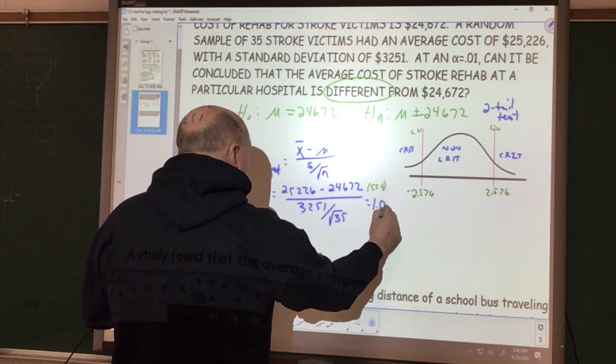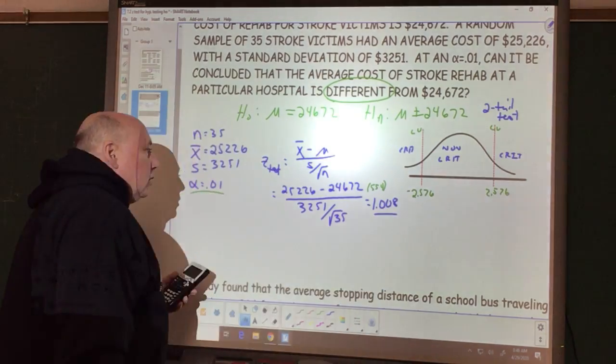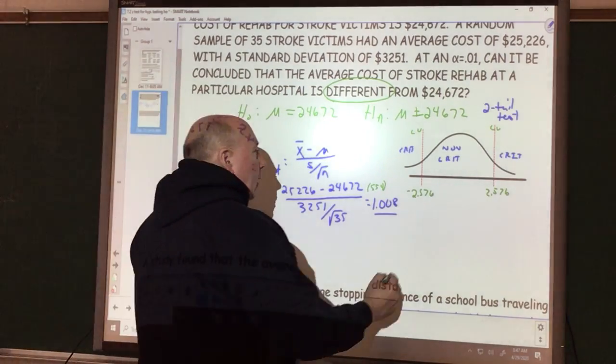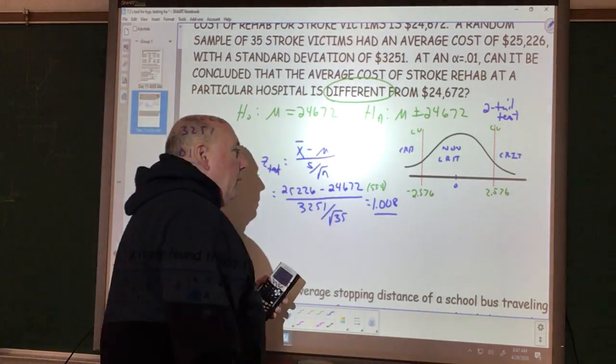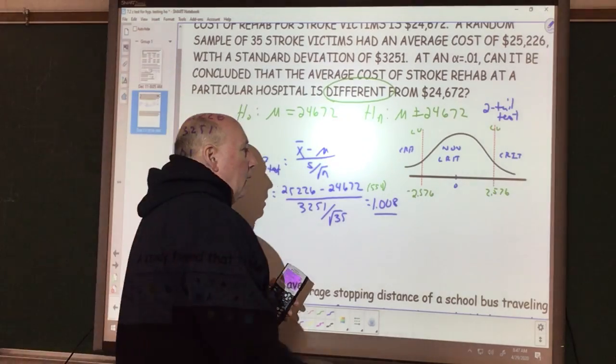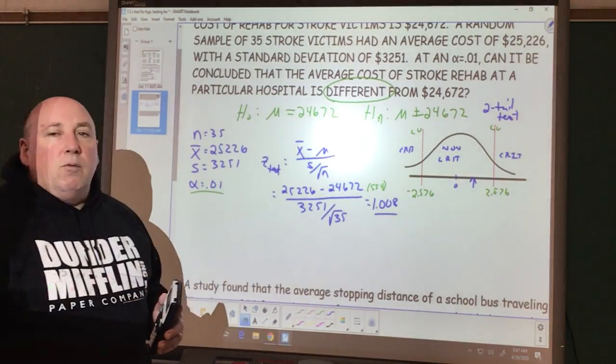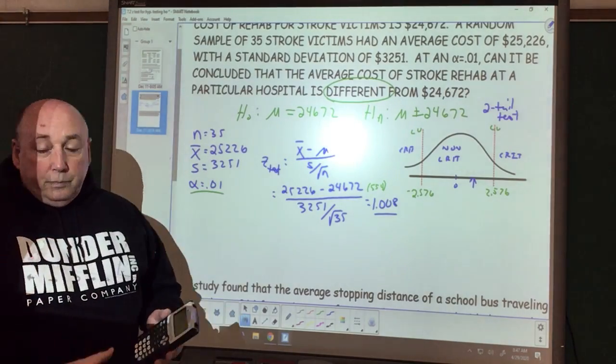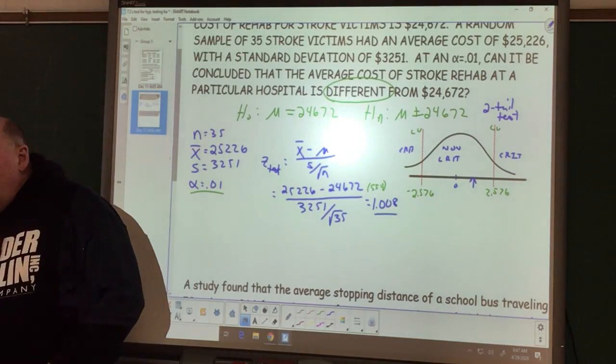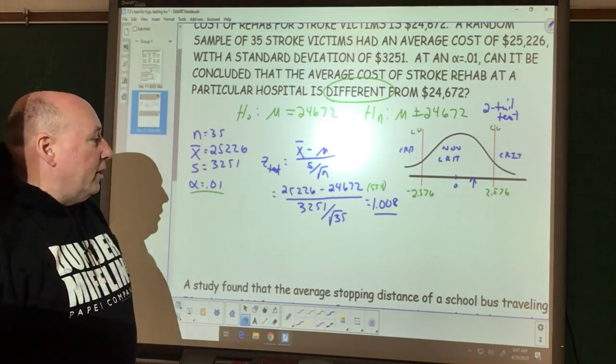Or I'm sorry, 1.008. So my test value, here's my 0 in the middle. This is 2.576. It falls somewhere in that range right there, which is a non-critical region.